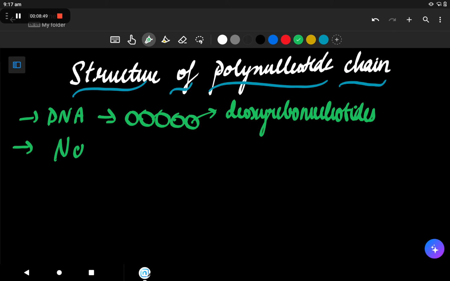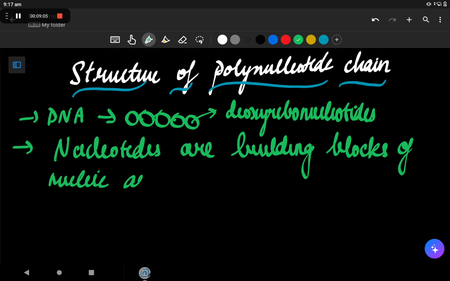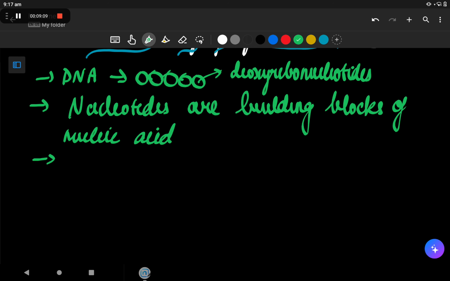They may ask you in MCQ: nucleotides are building blocks of nucleic acid. Got it?